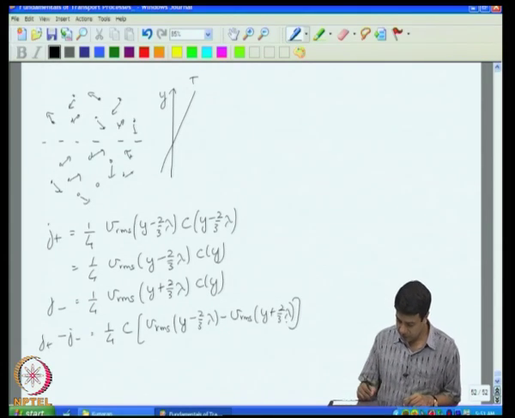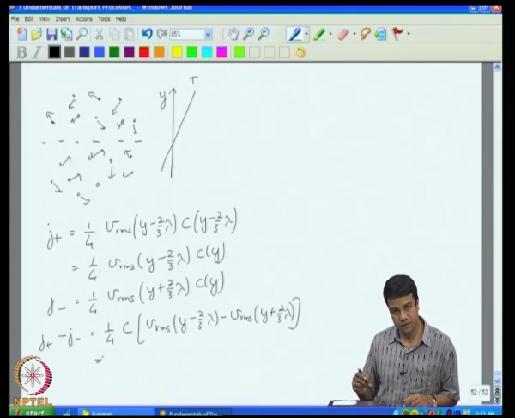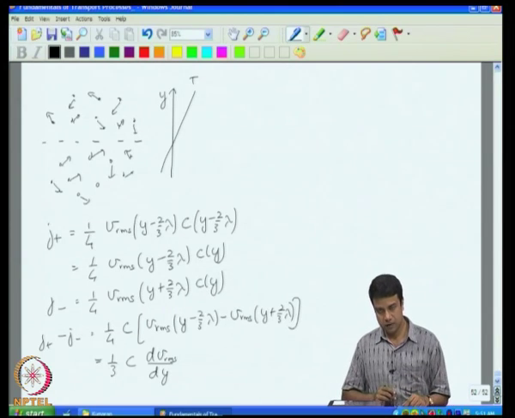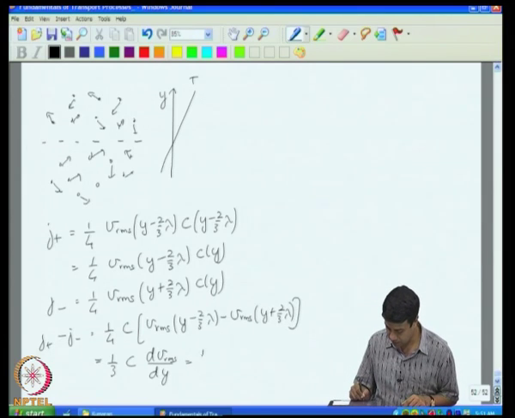After doing all the manipulations that we have done for the previous cases, this will give me 1 by 3 C times dVrms by dy. The RMS velocity is square root of 3 kT by m. So, you get 1 by 3 C d by dy of square root of 3 kT by m.